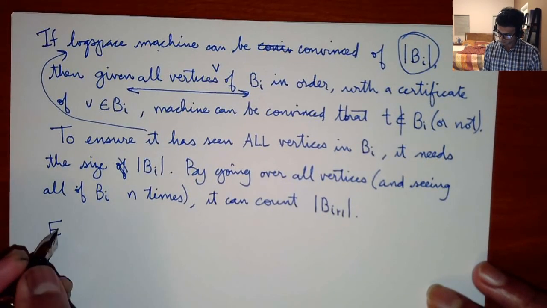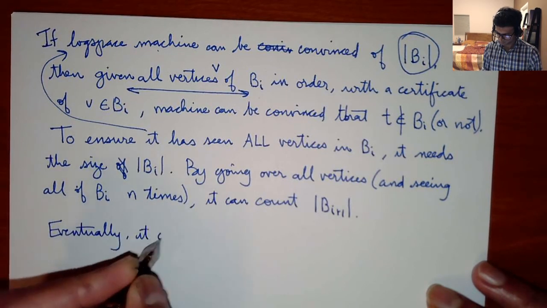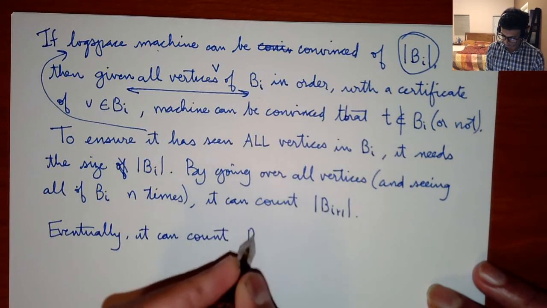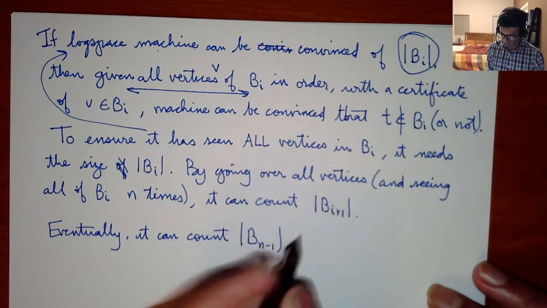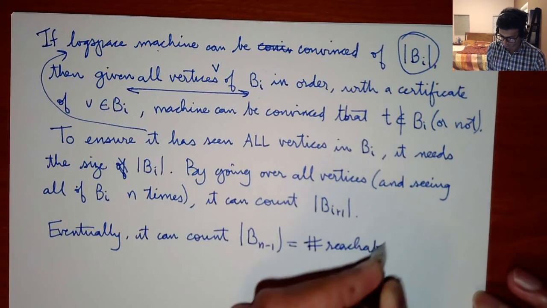So eventually, it can count B of n minus 1, which is equal to the number of reachable vertices.